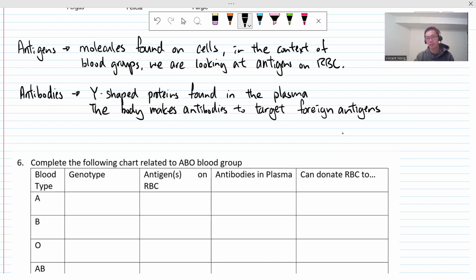That's why you can't just take a kidney from anyone and transplant it into someone else. The person will reject the organ because it would treat it as foreign, as something outside of the body. Anytime you have something outside of the body, your body will make antibodies to attack it. That's what this is saying: the body makes antibodies to target foreign antigens.